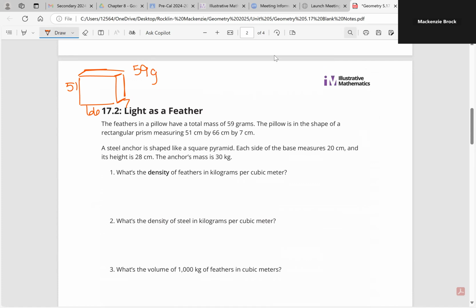And then you have a steel anchor that's in the shape of a square pyramid. Each side measures 20 centimeters, and then the height is 28. And the mass is 30 kilograms. So notice while my lengths are all given in both cases in centimeters, my mass, one is given in grams and one is given in kilograms.